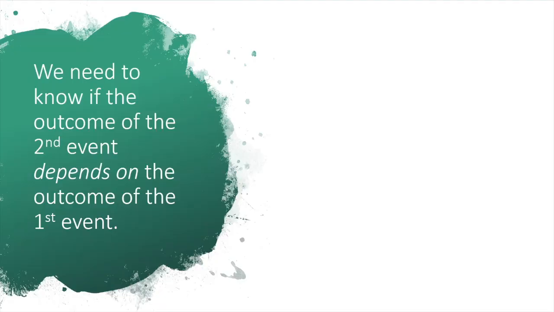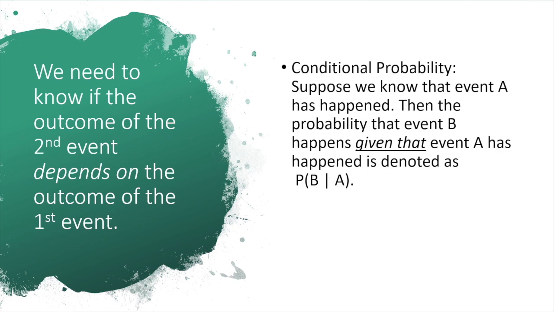In the last video lesson, we talked about conditional probability, and conditional probability comes into play here because when we're multiplying two events together, we really need to know if the outcome of the second event depends on the outcome of the first event. So we are considering our conditional probability if we have two events where event A is the first event and event B is the second one.